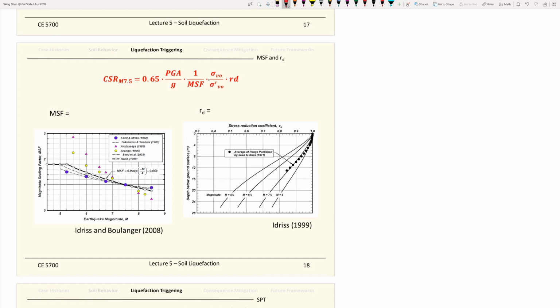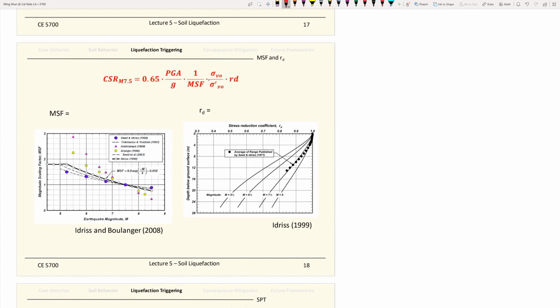We talked about the original framework from Seed. It also has the total stress divided by the vertical effective stress, so you take care of the overburden stress issue, because again, liquefaction also depends on the stress level you're at.